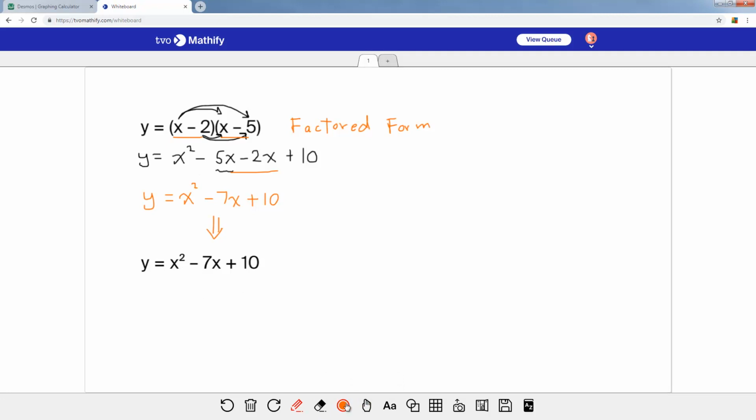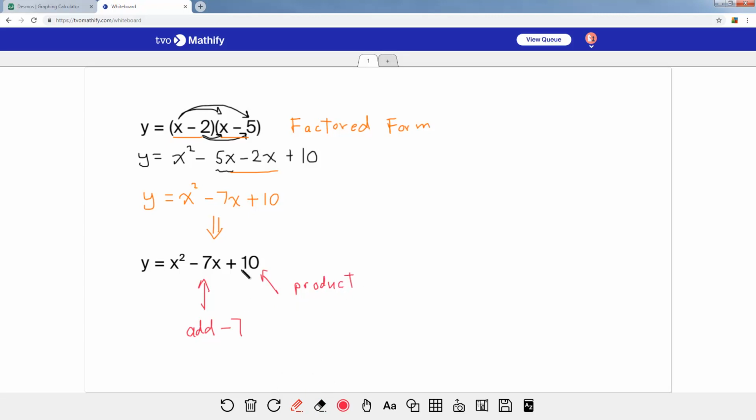So, in fact, if you remember back to, if you've done some factoring, if I wanted to factor this, I would look for two numbers that add to negative 7 and have a product, not sum, product of 10.